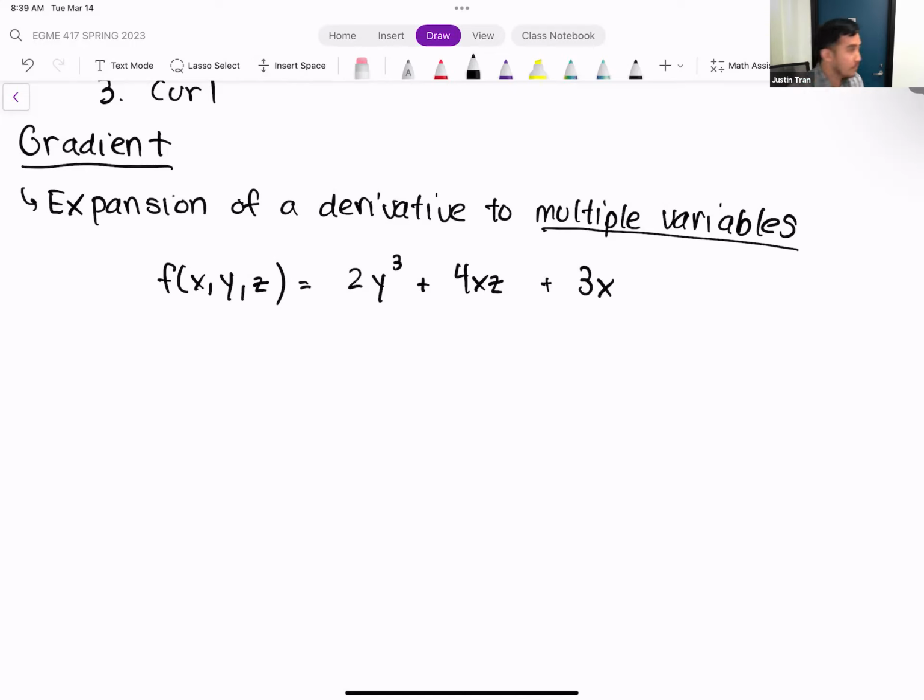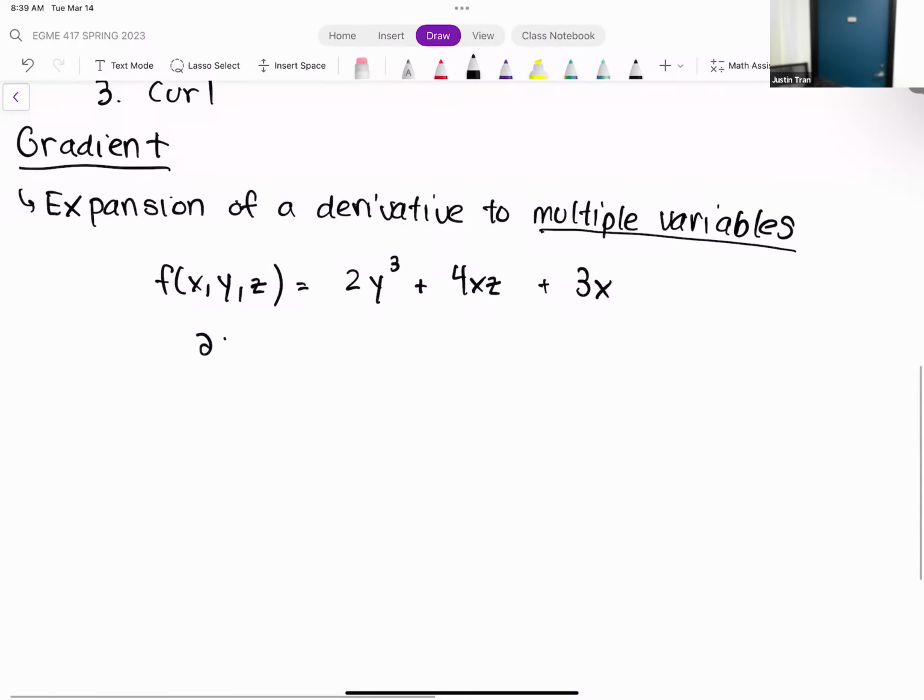You can see this field has multiple variables: x, y, and z. Because we have multiple variables, that means we can take a derivative in each of those variables. When we take a derivative of just one of the variables, we call that a partial derivative.